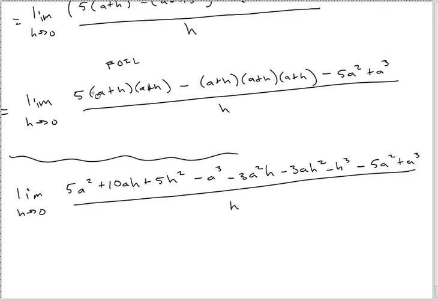Now what I did is I FOILed twice. I distributed the minus sign into this stuff here. And there we go. A lot of stuff.